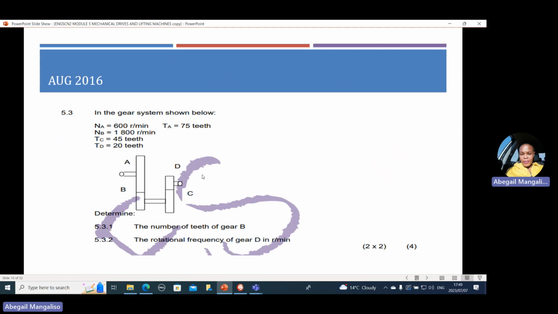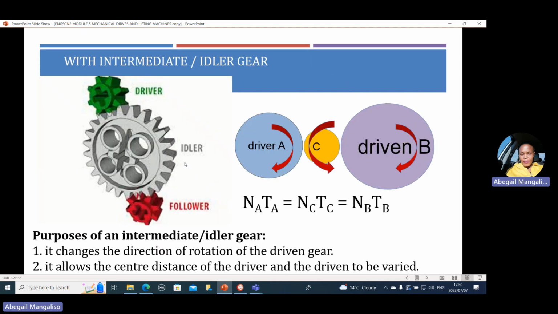Let's look at the activity. It's taken from the question paper of August 2016. In the gear system shown below, NA is 600 revolutions per minute. So this shaft and the gear that is mounted on it is rotating at 600 revolutions per minute. When you're sketching gears, we don't sketch the 3D view like this one.